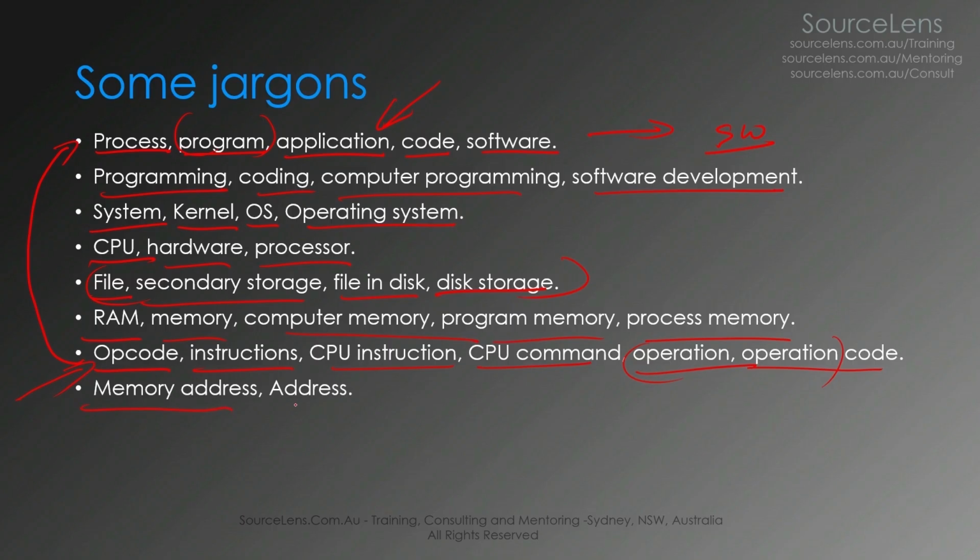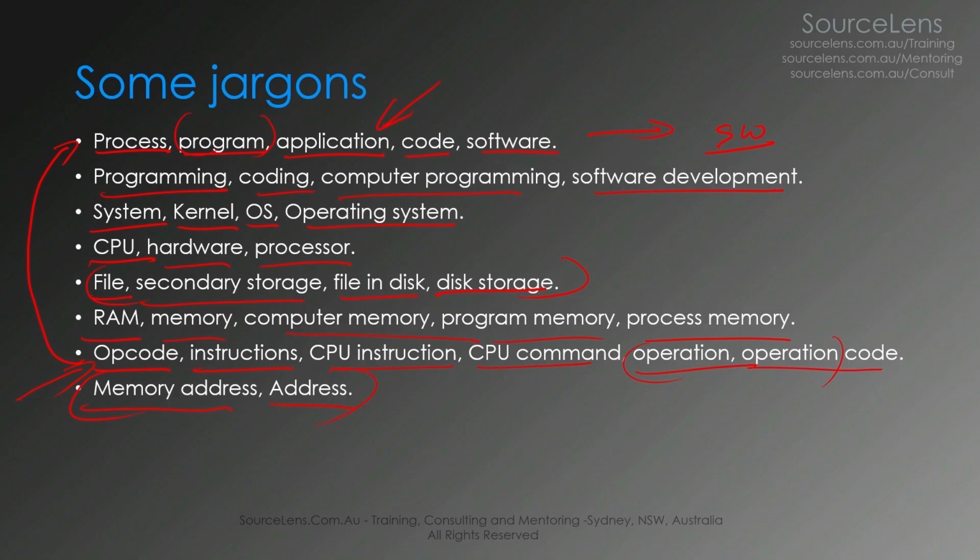Memory address: these are the addresses of different CPU instructions and data inside the computer memory. There is this concept called addressing in memory. We will be keeping a lot of data inside the memory, so we need to have different addresses for that data to access it. I'll be explaining this; it may not be very clear to you right now.